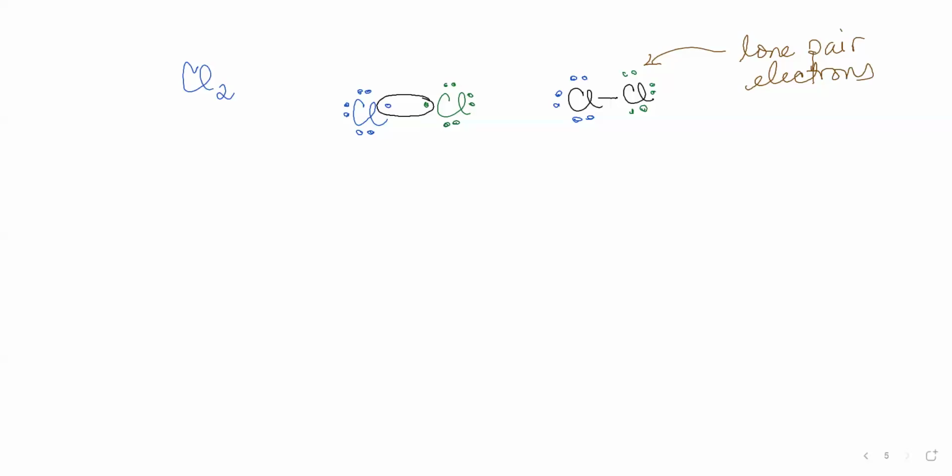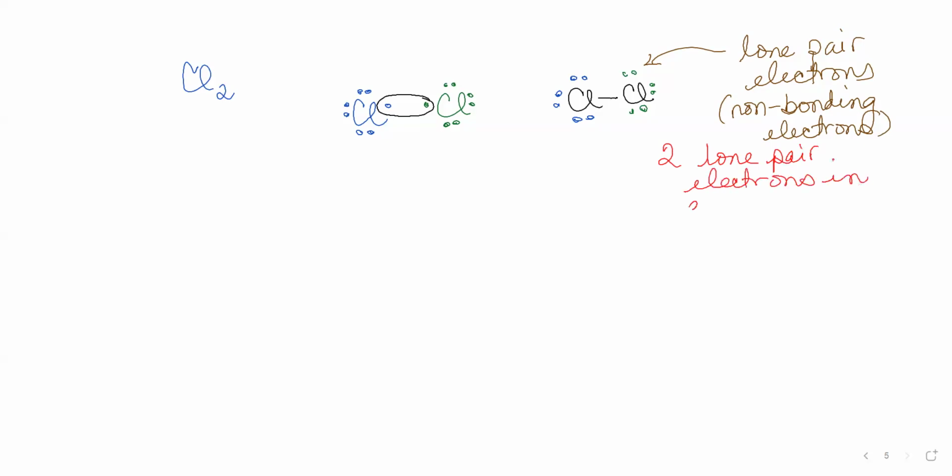Sometimes you'll also hear them called non-bonding electrons, but the typical terminology is lone pair electrons. There are 2 electrons in a lone pair.